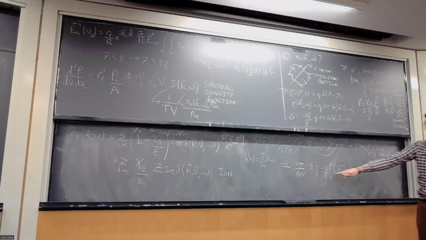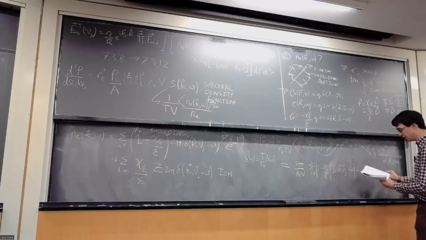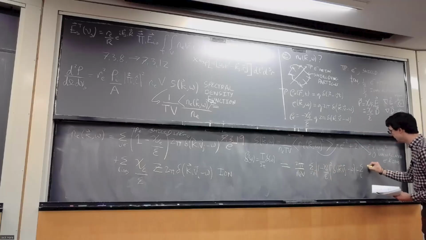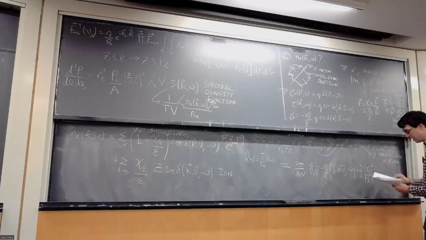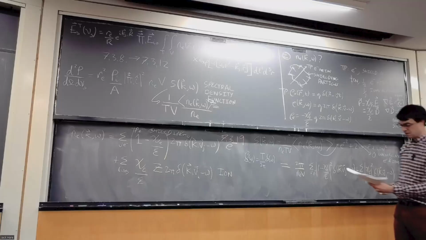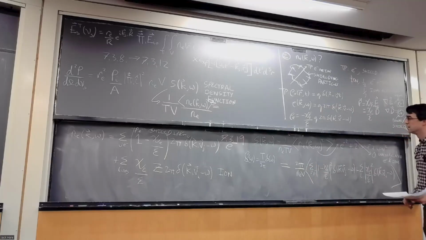So this is the electron term summing over J electrons, plus a term that looks like sum over the ions, chi e upon epsilon squared, delta of K dot Vl, the ions, minus omega. And I need to put some big ensemble average brackets around this.